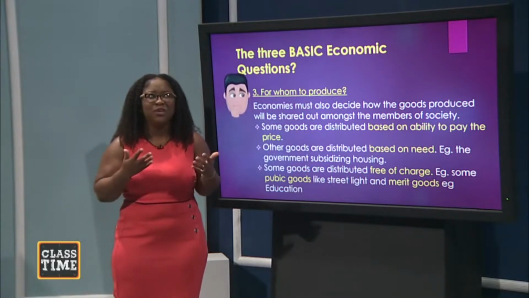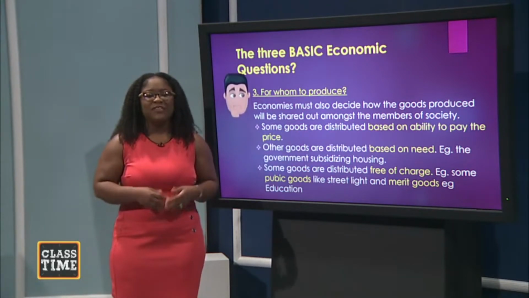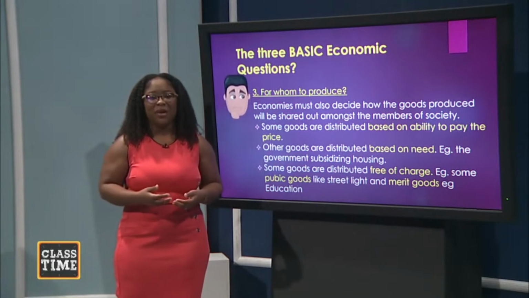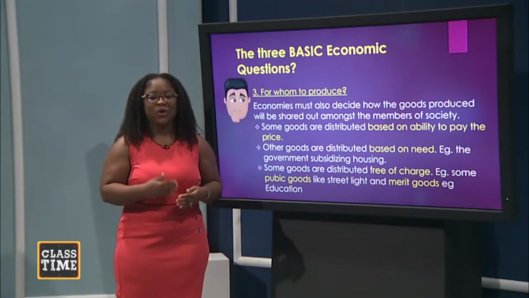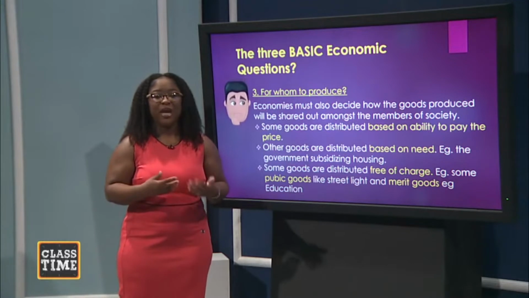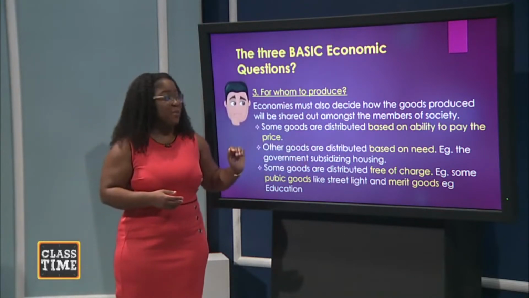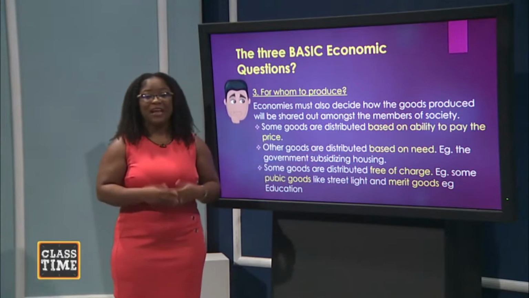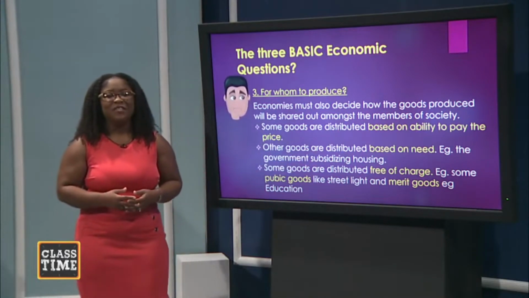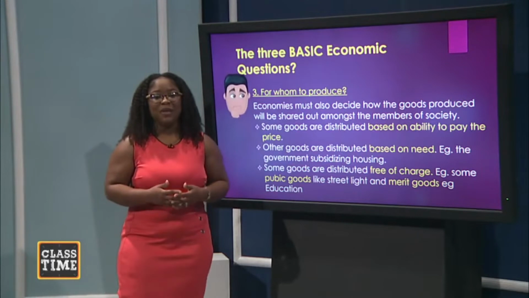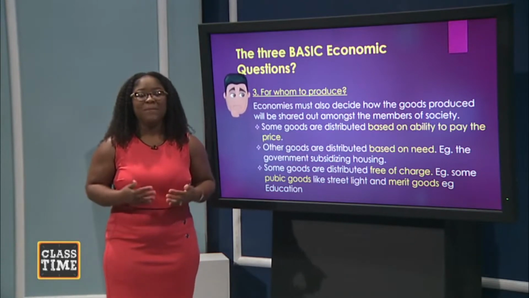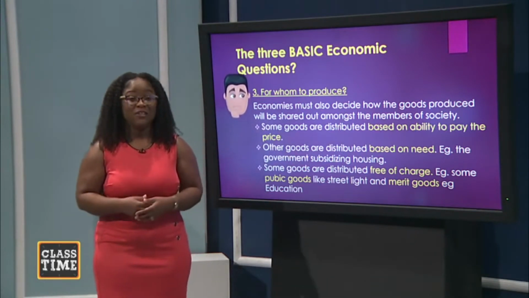For example, street lights. So we know that in some economies, these are things that the government may provide to us. This is that service or good that we enjoy free of cost. And in other cases, they may produce merit goods, and these are goods where we say that we don't pay the true cost, or the true benefit of the good outweighs the cost of it.